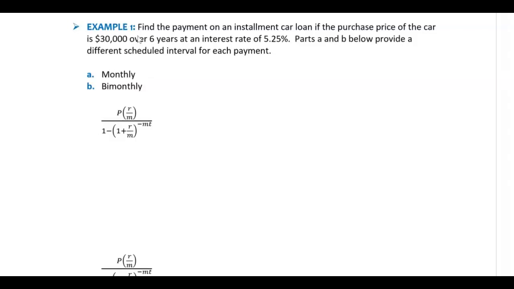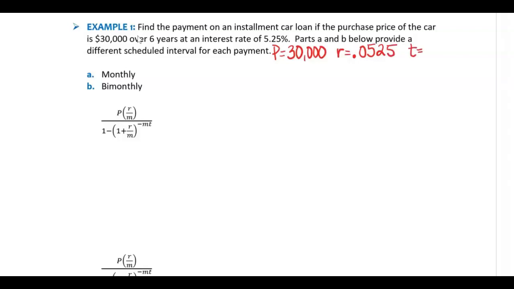So, first off, we need to find certain pieces of our formula. We know that P is going to be $30,000. We know that R is your rate, which is 5.25%. We must convert that to decimal form, so we have 0.0525.